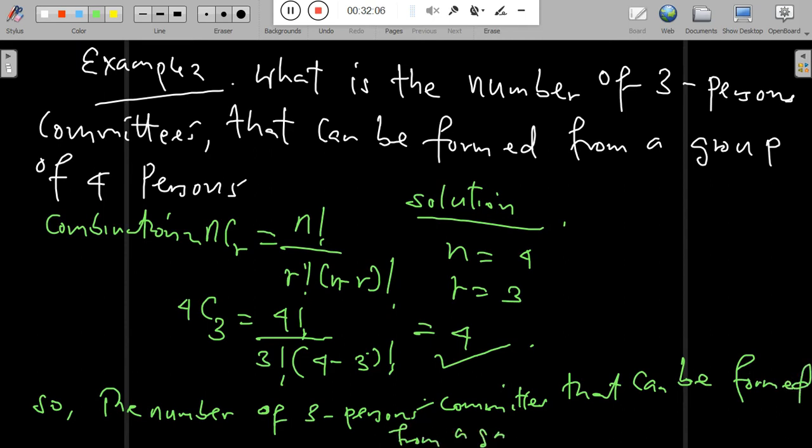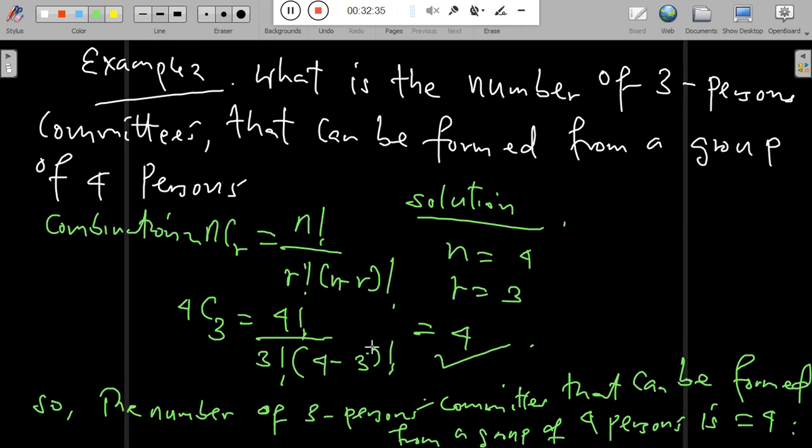So after solving, now let's look at another example. This is example number 3.